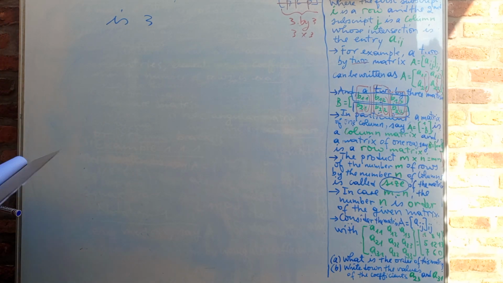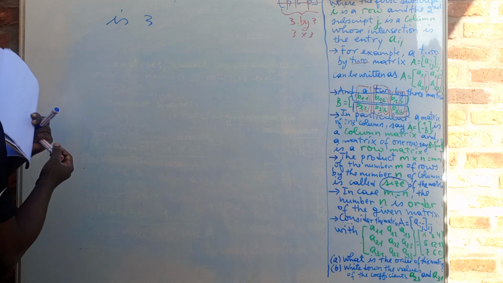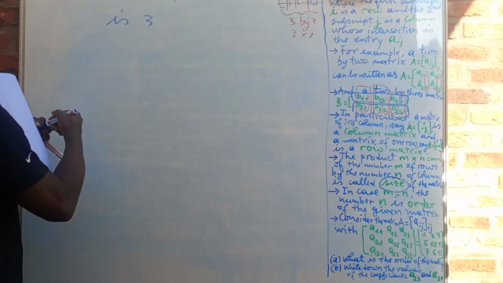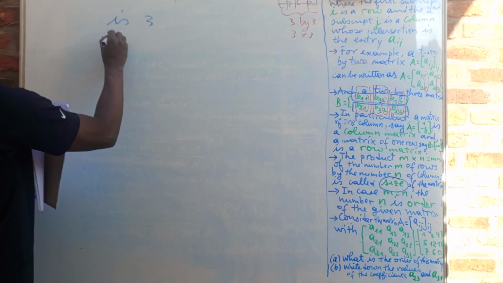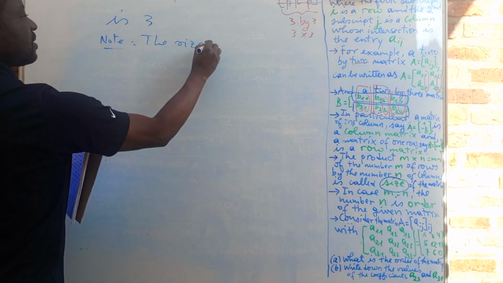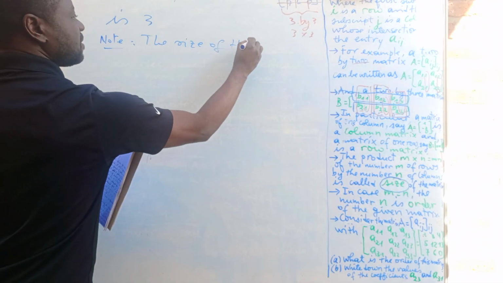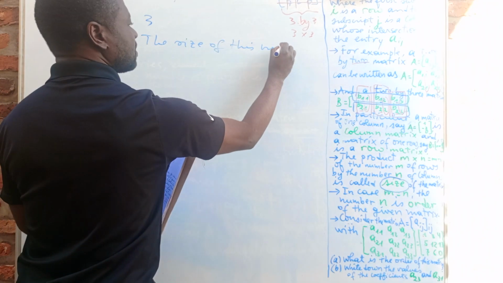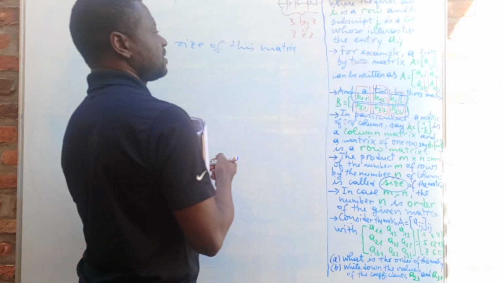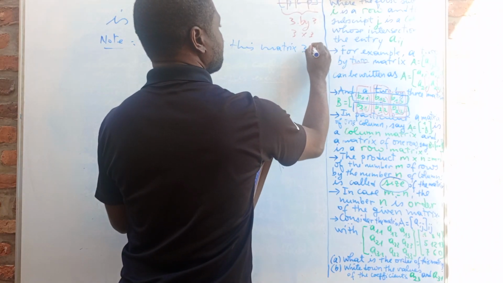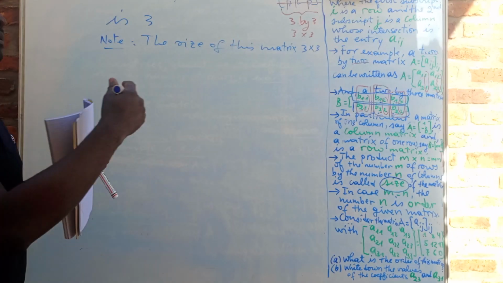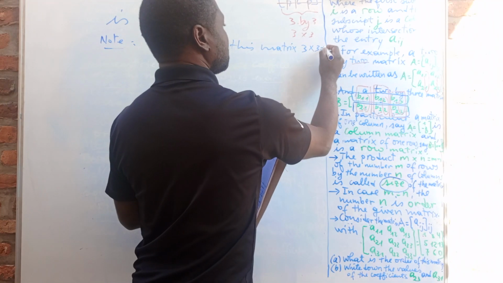Now, because this is a square matrix, the size of this matrix is 9, which is 3 by 3. 3 times 3 is 9.